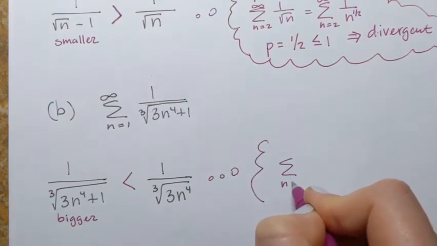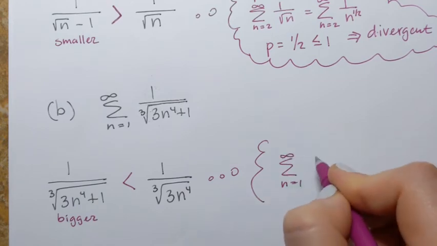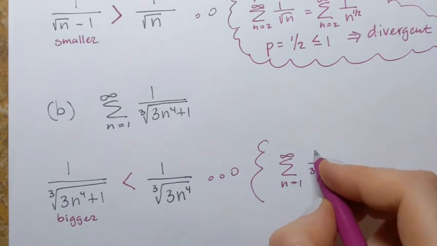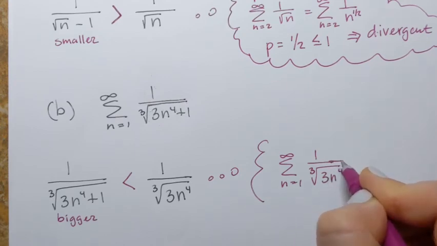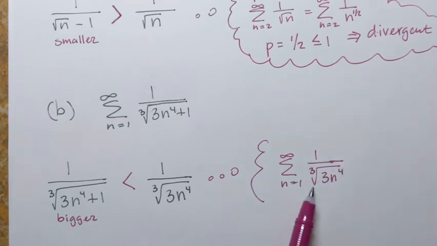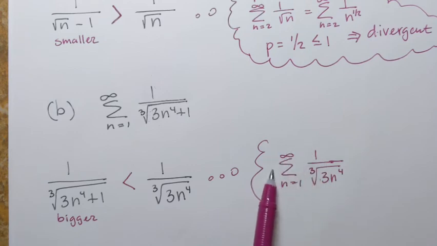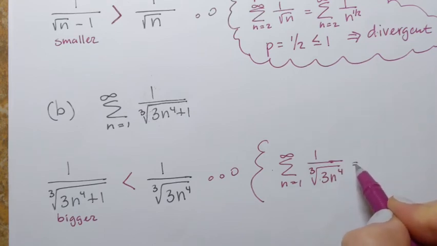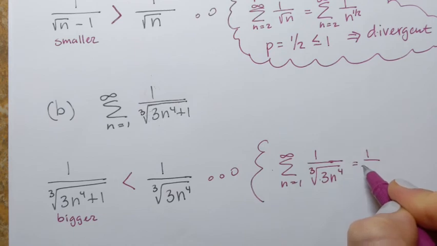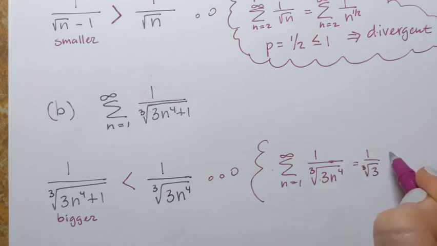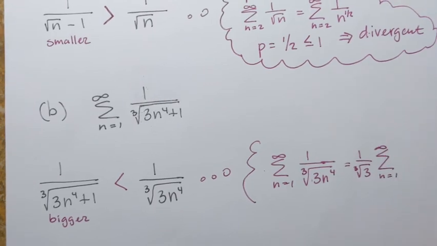The series from 1 to infinity of 1 over cube root of 3n to the 4th power. And of course I know that a constant can be put in front of the series and it will not affect its convergence or divergence. So I'll place 1 over cube root of 3 in front of the sigma sign.